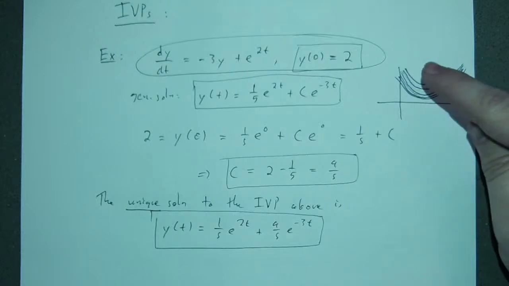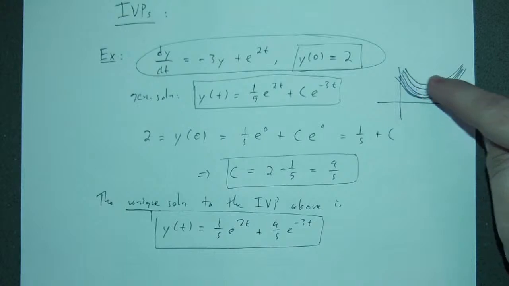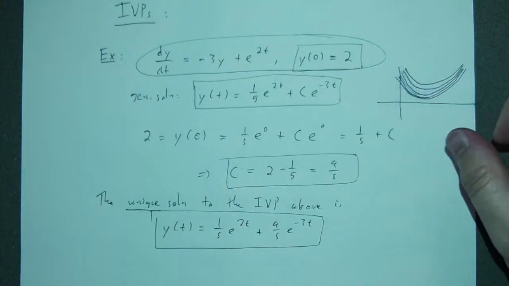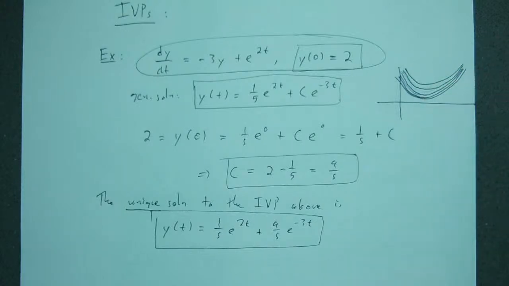They have a similar shape, but they don't cross or touch. They get very close, and sometimes it looks like they converge to certain behavior, but they don't touch nor do they cross.